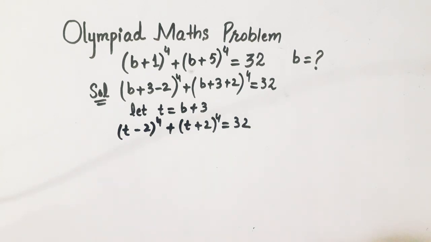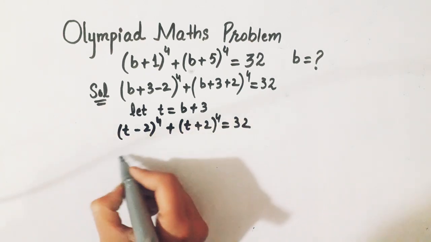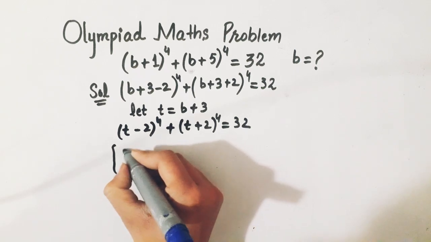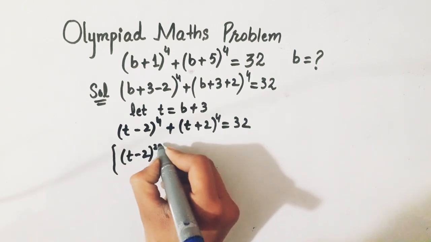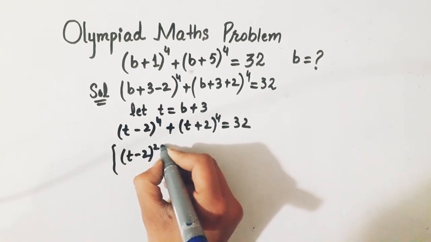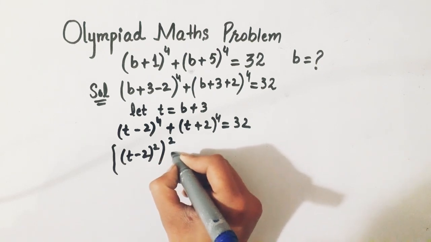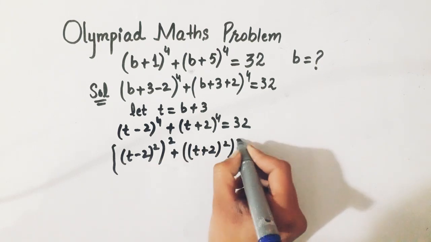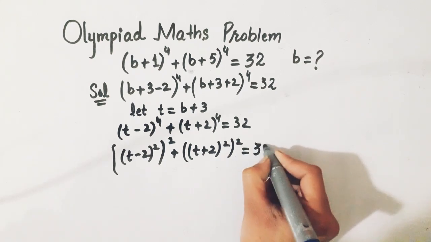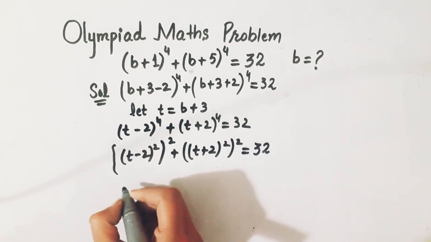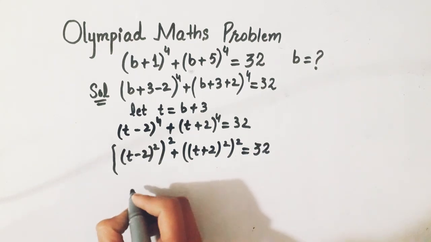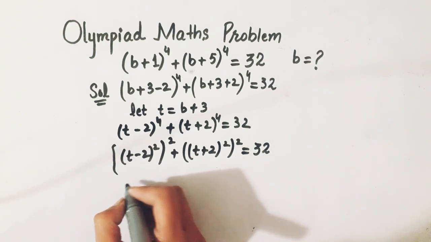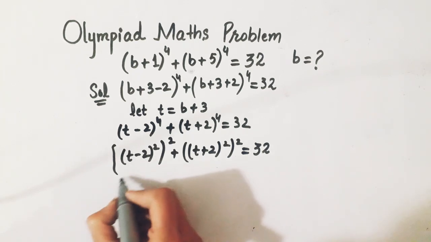Now we will solve this further. It becomes ((t-2)^2)^2 plus ((t+2)^2)^2 equals 32. Now we expand using the formula for (a minus b) whole square.